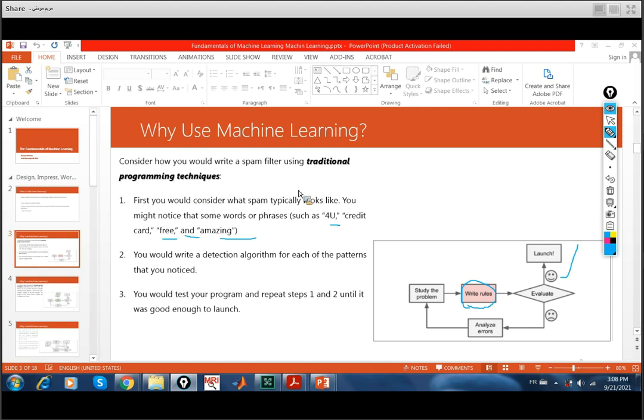These steps are related to traditional programming techniques. Okay? And at this moment, we want to know, if we use a machine learning algorithm, what the advantages are compared with traditional programming.